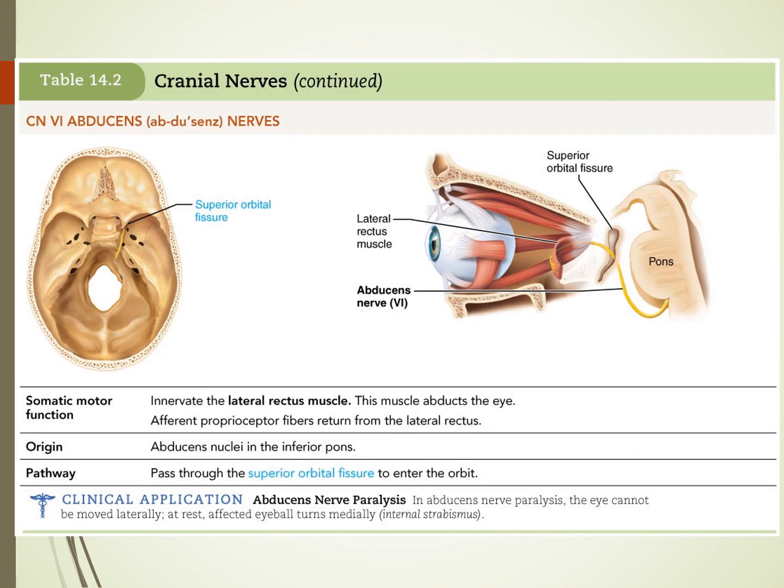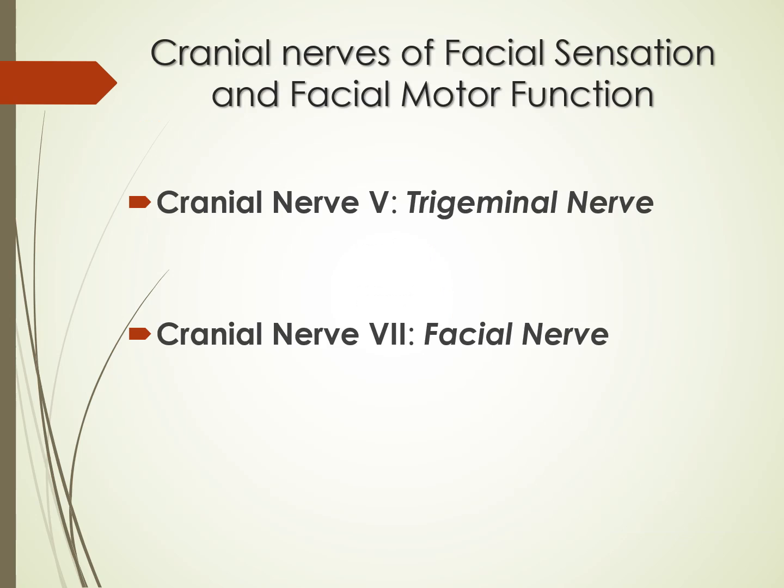So here's our trochlear table to show you the nerve and the muscle that the nerve innervates. Our last eye motor nerve is the abducens, or cranial nerve 6, and it also only has somatic motor function, innervating just one muscle of the eye that allows you to rotate your eye laterally.